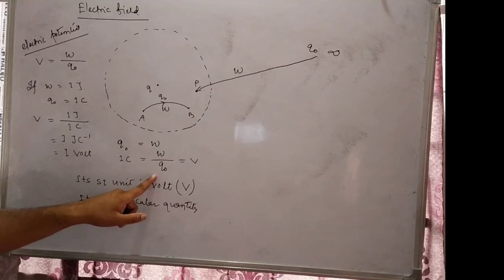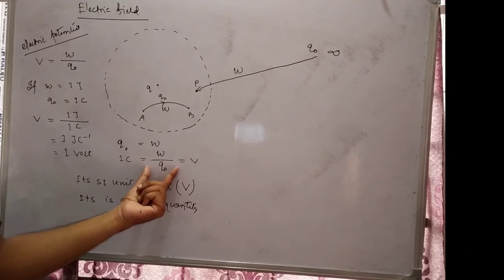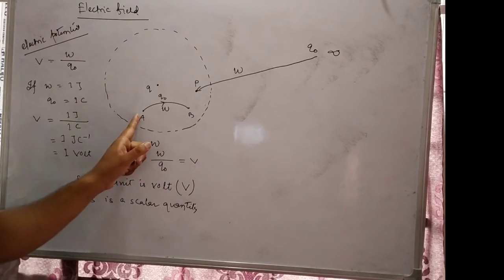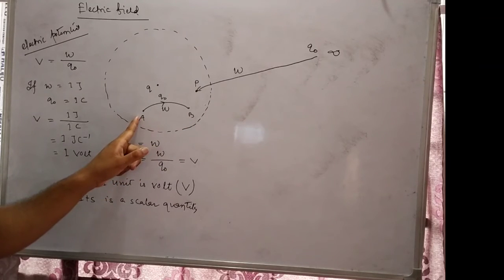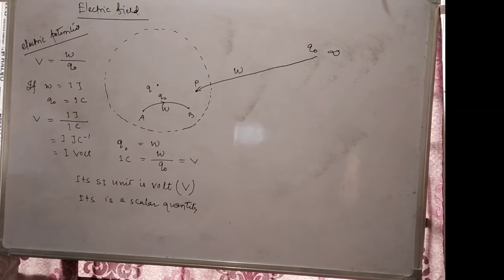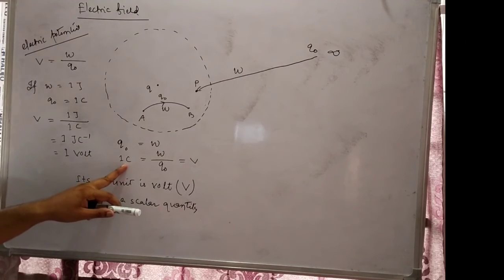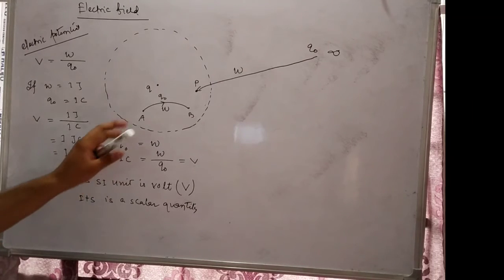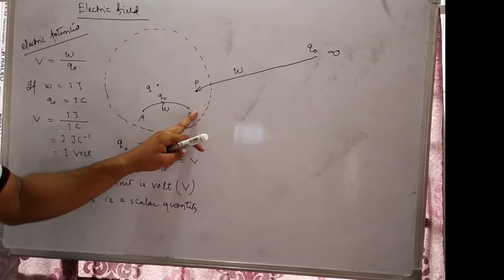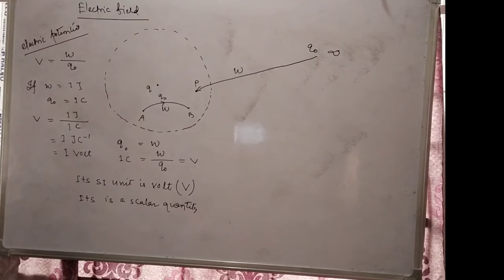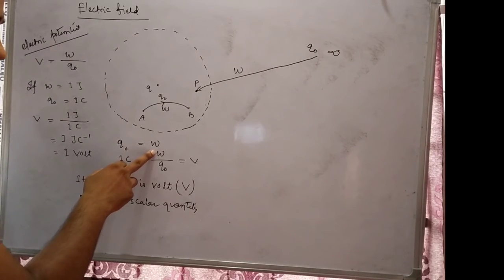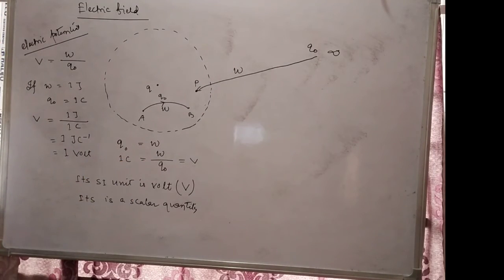That is also our electric potential difference between the 2 points A and B. That means electric potential difference is the work done required to move a unit charge, meaning 1 coulomb of charge, from one point to another in an electric field. So for electric potential difference also our expression is work done by charge.